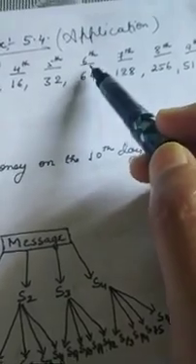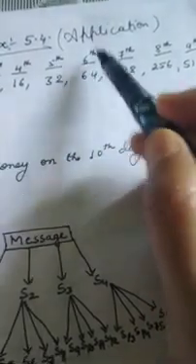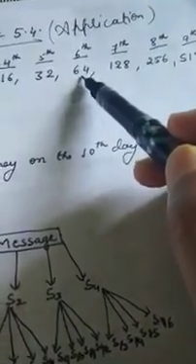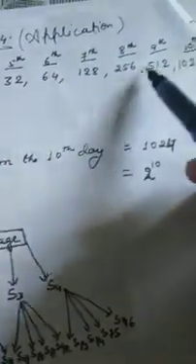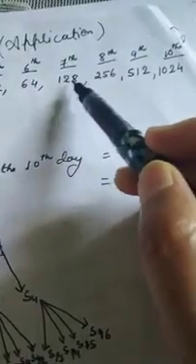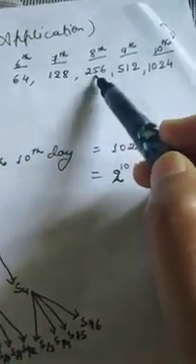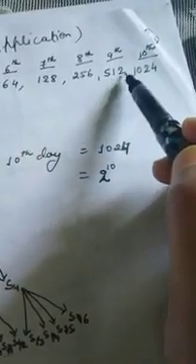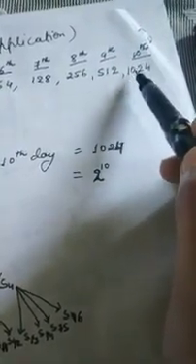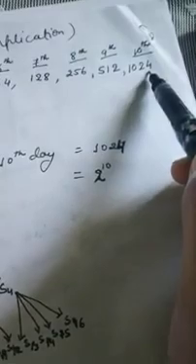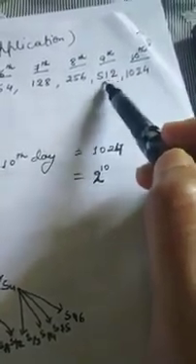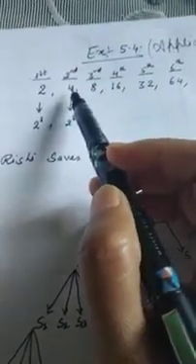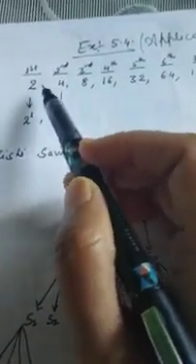Sixth day 64. Seventh day 128. Eighth day 256. Ninth day 512. And 10th day he will save 1024, double of this. Like this every day he is saving double of the amount of the previous day.